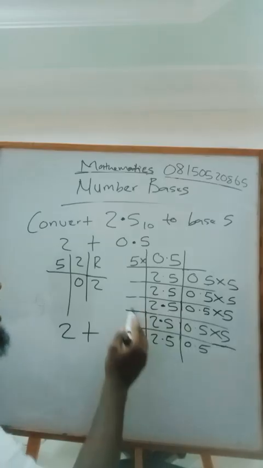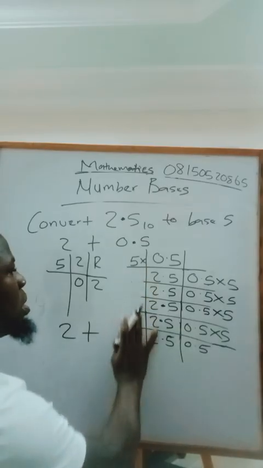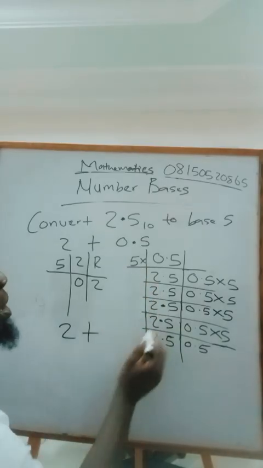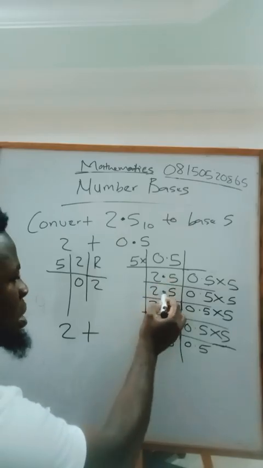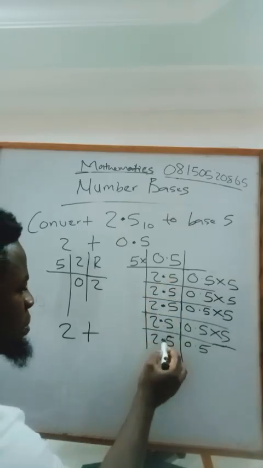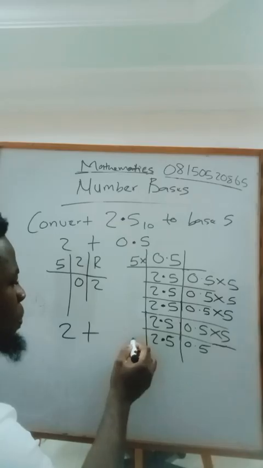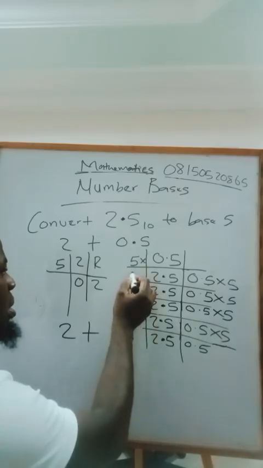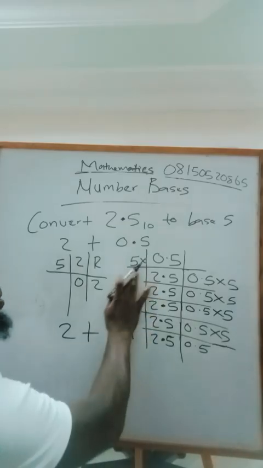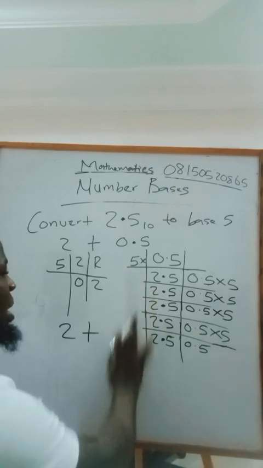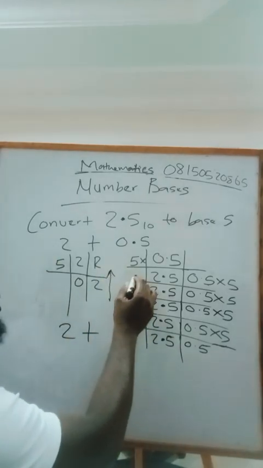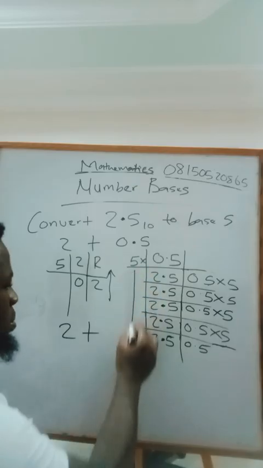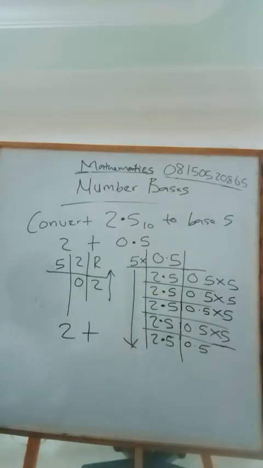So to now get your answer, you take the numbers before the decimal point here. When you are dealing with the whole number place, it will go up, but for this one you take it downward.